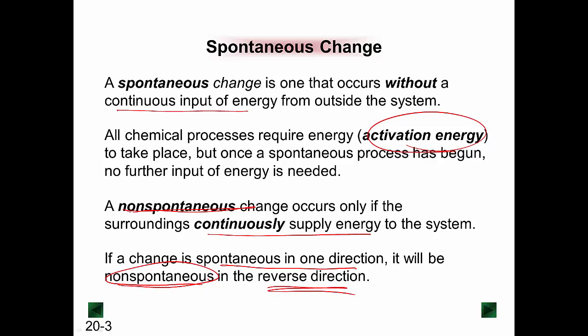Another thing that I want to emphasize here is that spontaneous does not mean instantaneous. So spontaneous does not equal instantaneous. What spontaneous will tell us is the direction something will go. It doesn't tell us how fast something is going to go to get there.